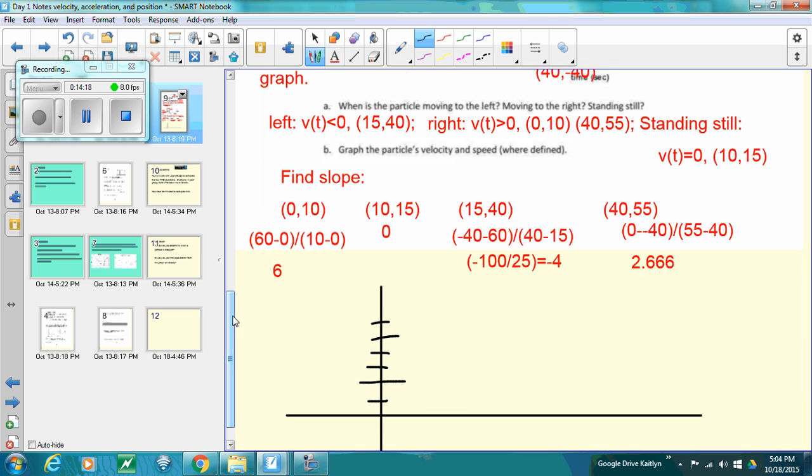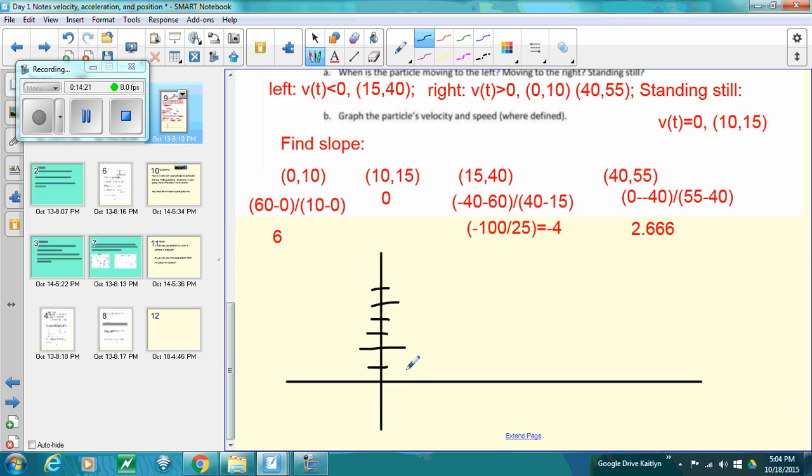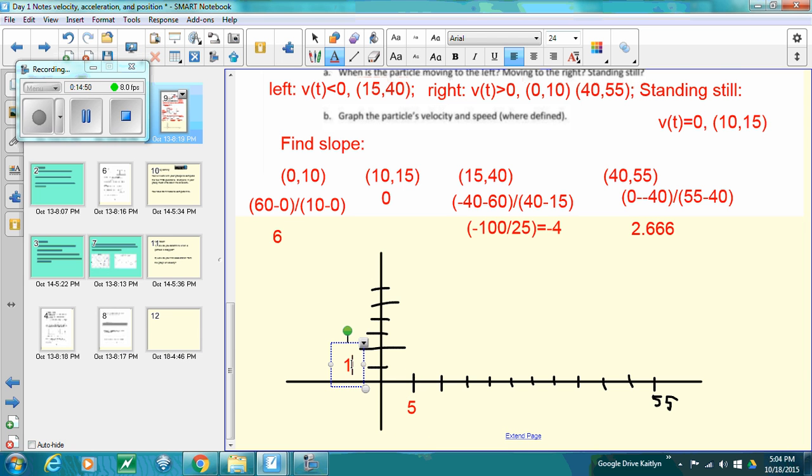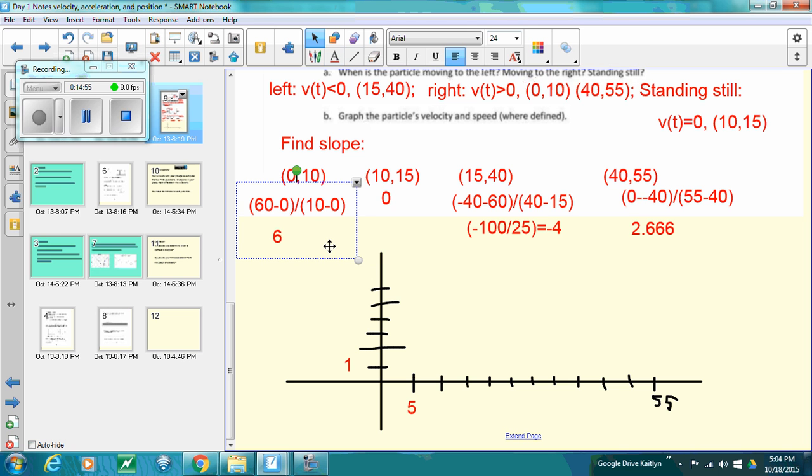And then I'm going to make my scale go up by 5 each time, until I get to 55, which should be here. So each of these goes up by 5. On my y-axis, it's just going to go up by 1. So then I'm going to just draw horizontal segments for my slope.